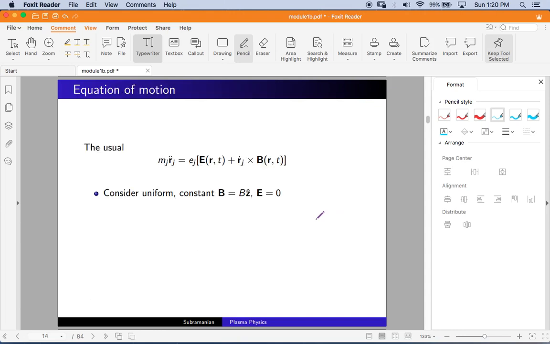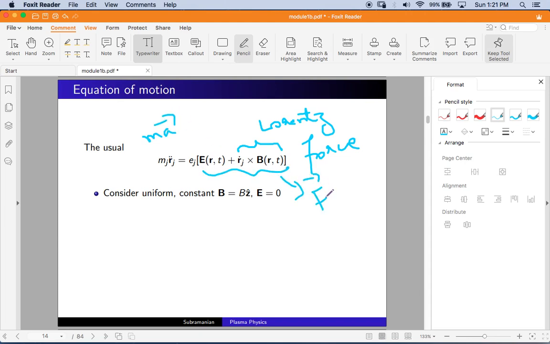Soon we will say that the electric field is 0, and so this would be the Lorentz force. So this would be the F, and this is MA.